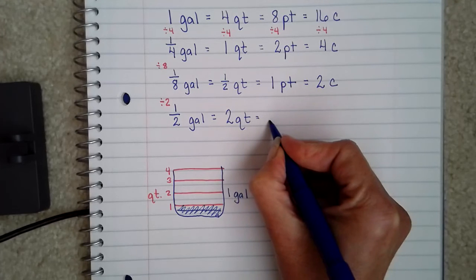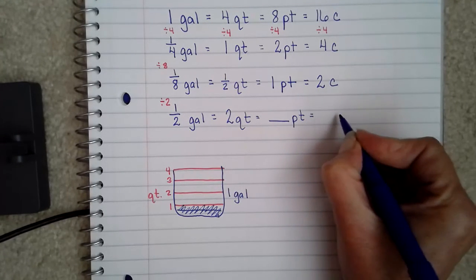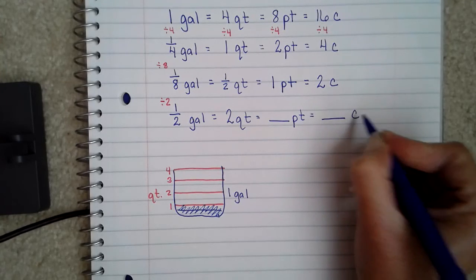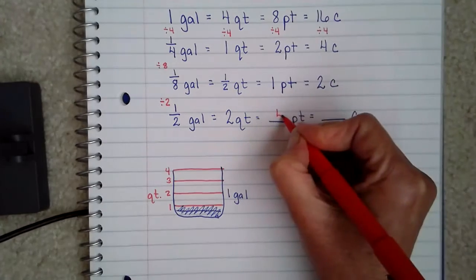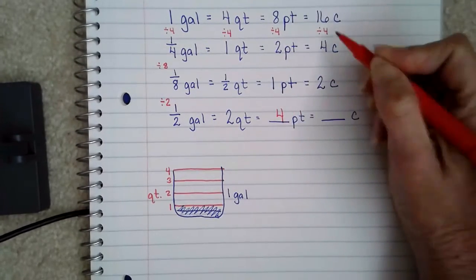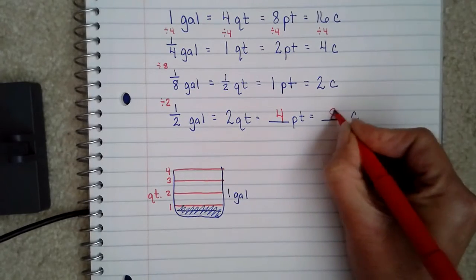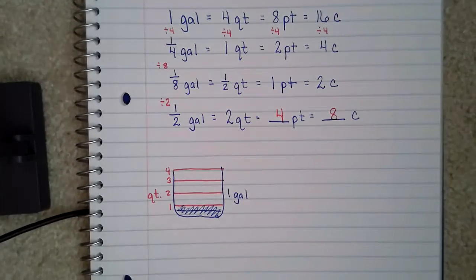See if you can figure out how many pints and how many cups we would have. If you figured out 4, that's correct because 8 divided by 2 is 4. And if you figured out 8, that's correct because 16 divided by 2 is 8.